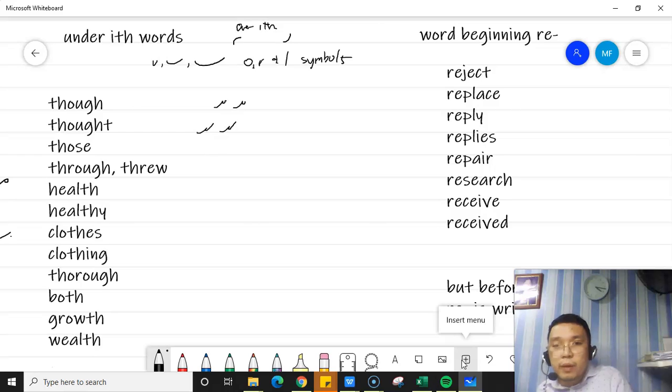Those, underneath OS for those, underneath OS for those. Through, okay, we have the underneath RU, underneath RU.